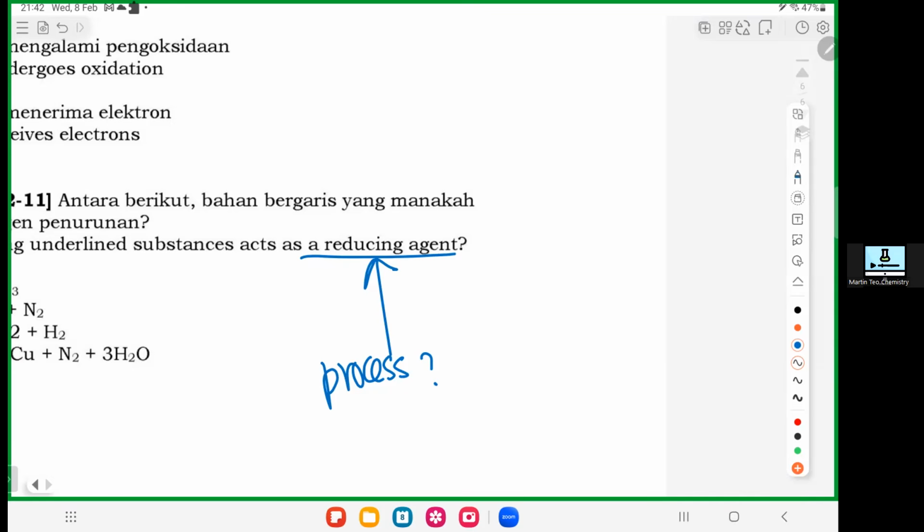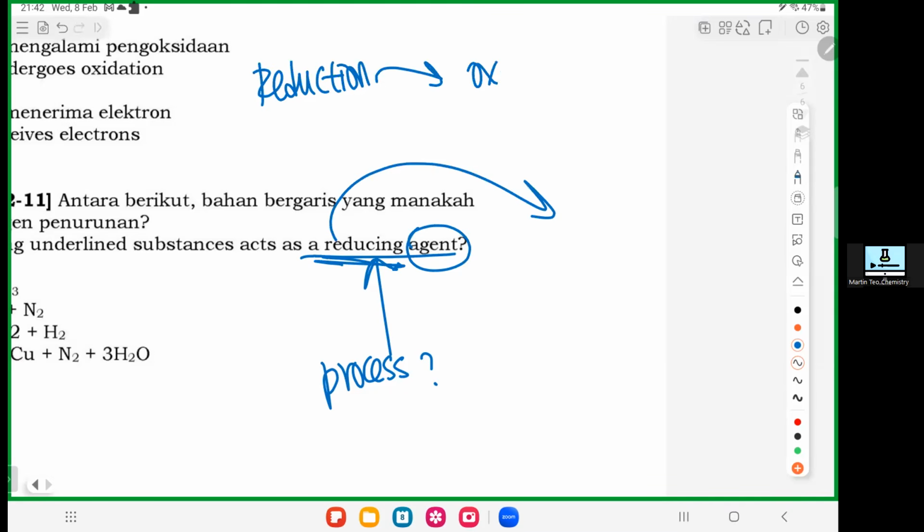Very good. Oxidation, because remember, you always be the opposite agent for the process you undergo. So it's always opposite, it always terbalik. So if you are reducing agent, you must be opposite process, which is oxidation. So if you undergo reduction process, you are oxidizing agent.